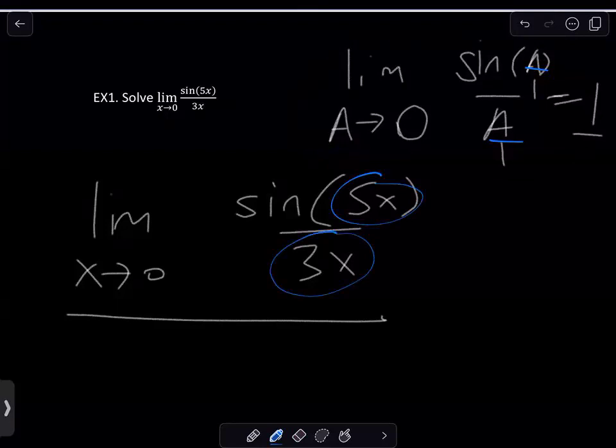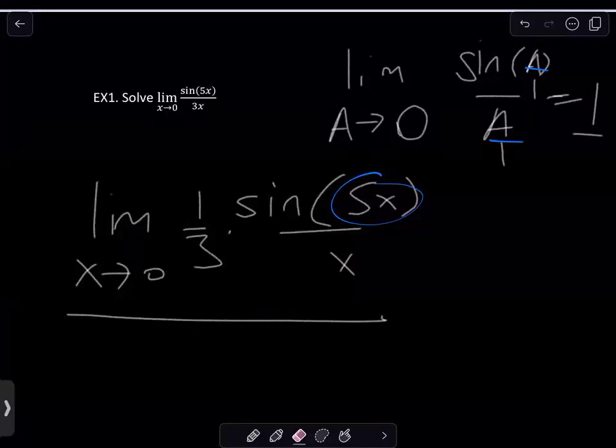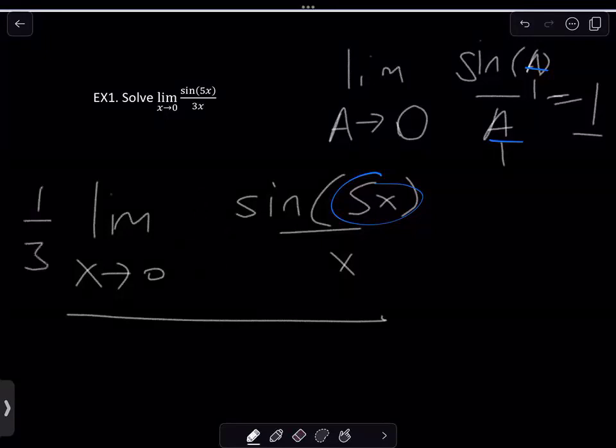Now I want you to take a minute and think, how do I get 5x in the denominator? Well, what if I pulled the 3 out as a factor? So I'll just pull this 3 out as 1 over 3 times this fraction. It's not changing the meaning at all. But I can do you one better. I can take this 3 out of the limit because it's a constant, basically. So there's the 1 over 3 here in the front, not affecting us solving this limit right now.